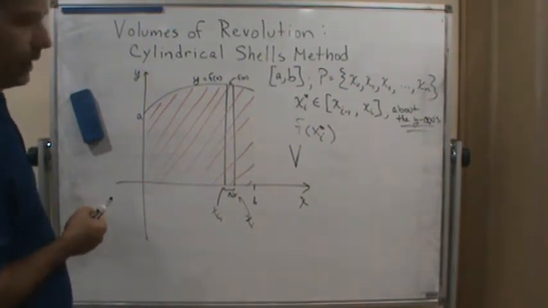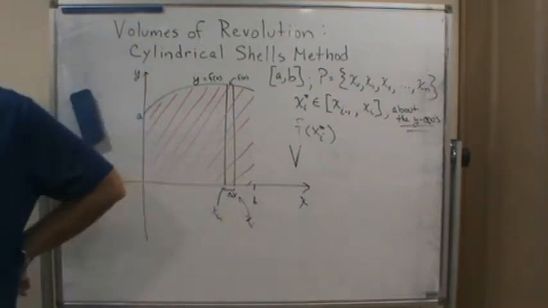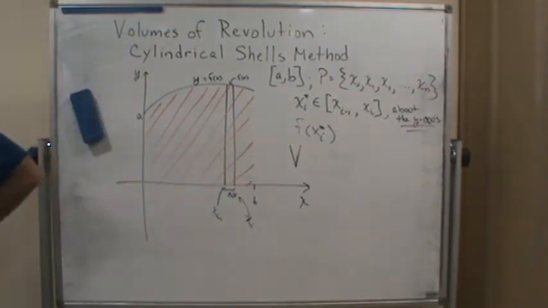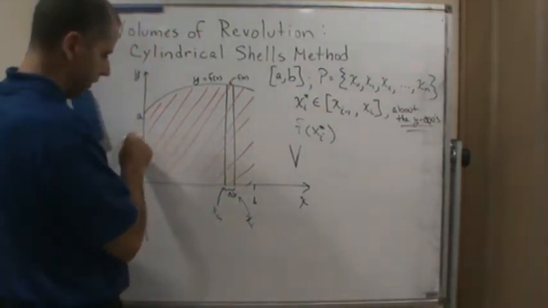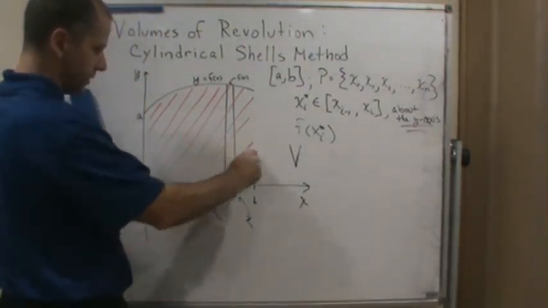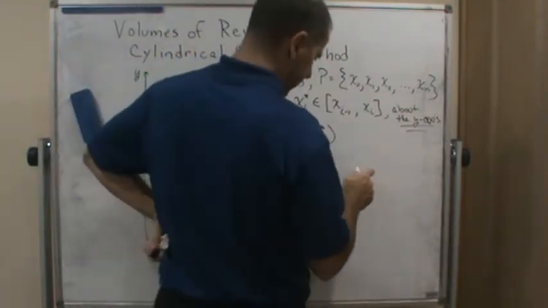So let's visualize the cross-sectional area here. What is the cross-sectional area? Again, the cross-sectional area is perpendicular to the axis of rotation. So in this case, let me draw a picture.